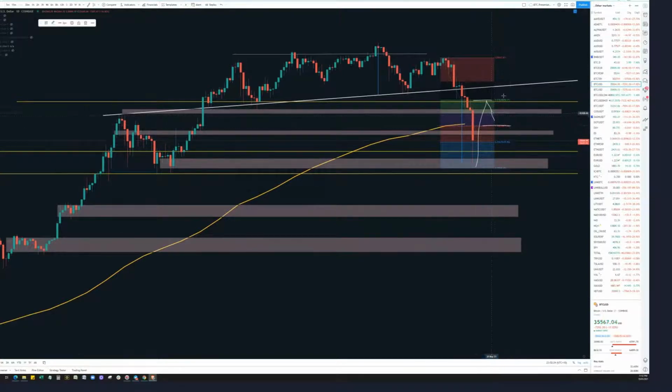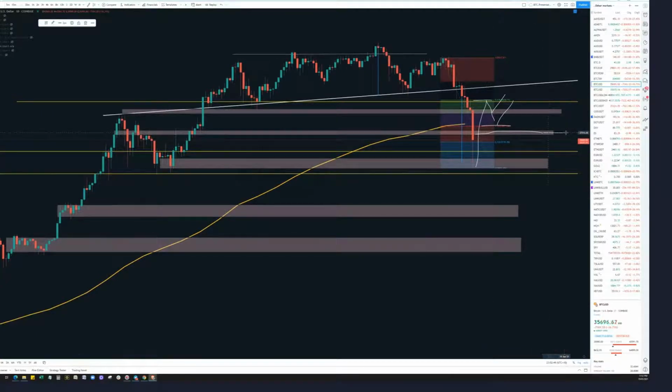There's the 0.5 support, or 0.382. So on the daily, we need to see it close, get up to that level, and at the moment it's got a bit of momentum. On the weekly, we need to see it close above this line here.